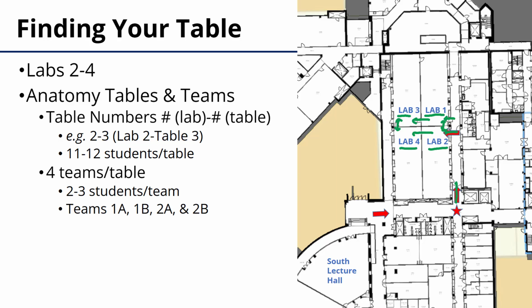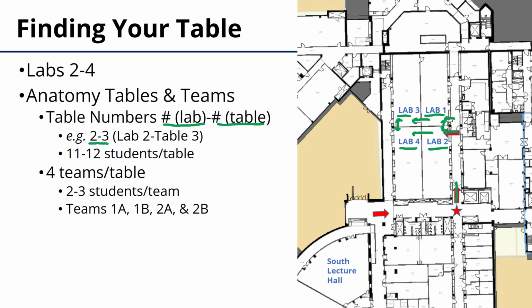Each table is going to have a lab number and a table number associated with it. So for instance, if you are in Lab 2, Table 3, you are in Group 2-3.